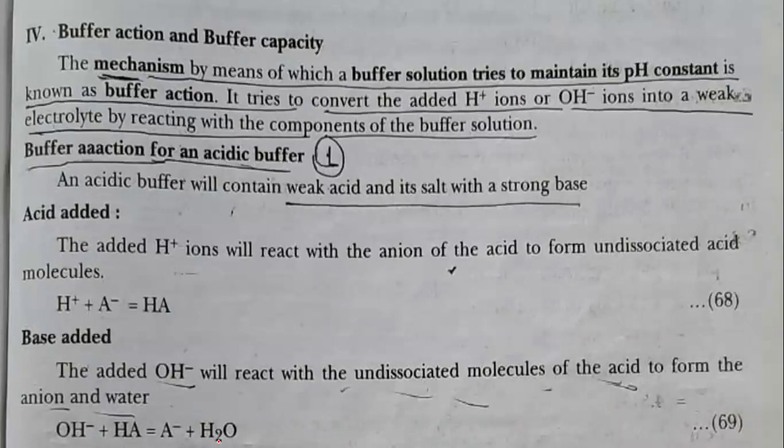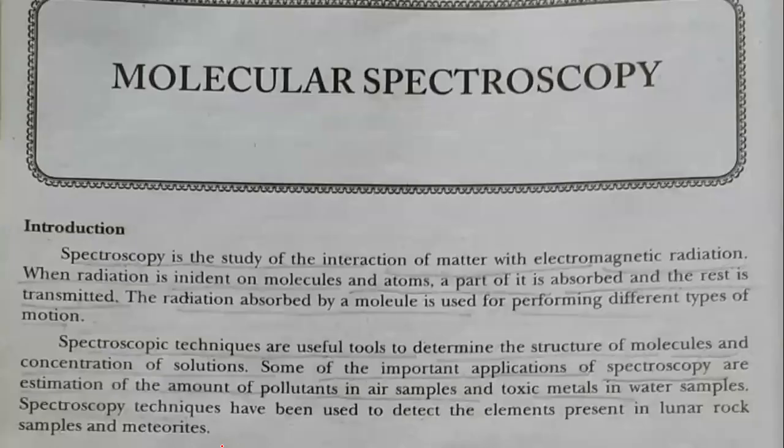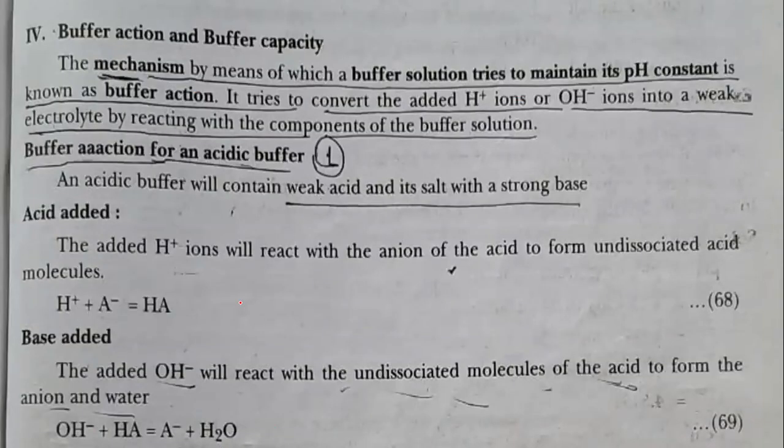We have seen what a buffer solution is, what the types of buffer solution are, what an acidic buffer and a basic buffer are, and how their pH can remain constant. We also saw how the Henderson equation gives the relation between different parameters like the dissociation constant, the concentration of different species, and the pH. So what is buffer capacity?